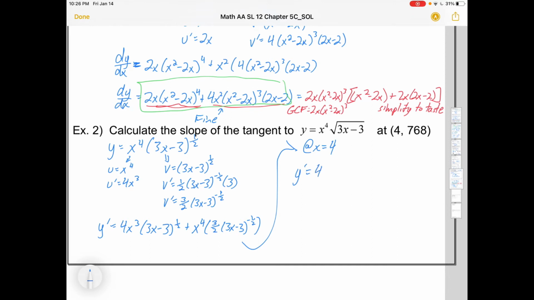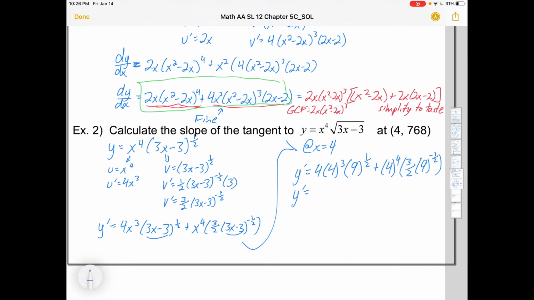This will be 4 times 4 cubed times, I'm just going to do this together, 3 times 4 minus 3. That would be 12 minus 3, or 9 to the half, plus 4 to the 4 times 3 over 2. And again, 3 times 4 minus 3 is 9 to the negative a half.